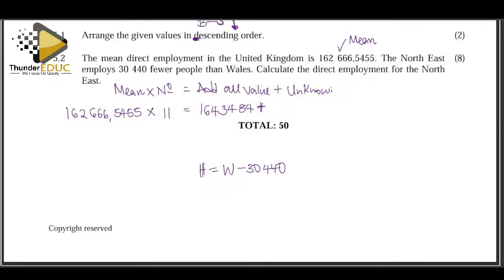Simply meaning our W, which is Wales, would equal H plus 30,440. I'm just saying W stands for Wales. H is the northeast that's missing. So our unknown will be H plus 30,440 plus another H. This combination represents Wales, and this one represents the Northeast.